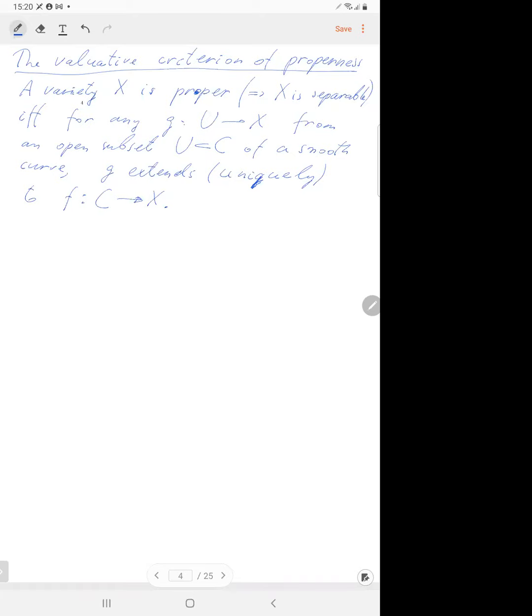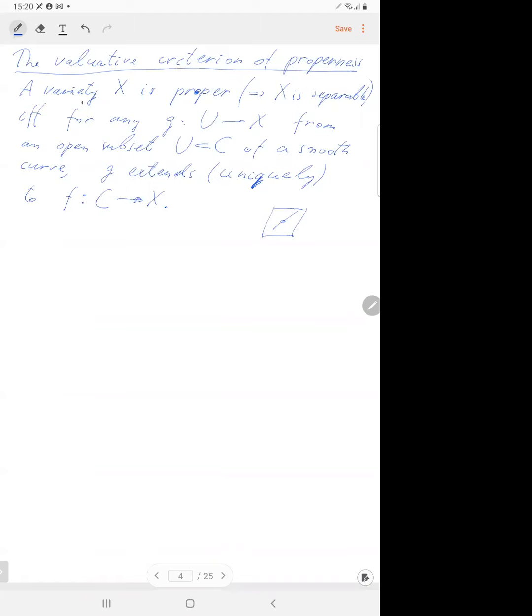Like if you take the affine plane and puncture it at the origin, then you may find some straight line passing through the origin, which will violate this evaluative criterion of properness at the origin.